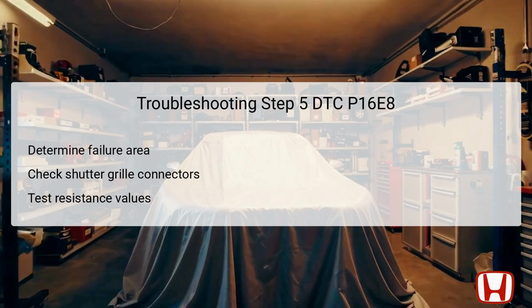Step 5 emphasizes determining the possible failure area by focusing on the shutter grille system and relevant connectivity. The technician starts this phase by disconnecting the shutter grille, upper-lower 4P connector, and measuring the resistance between designated terminals while the vehicle is in the off-lock mode. Specifically, they will measure between test points set out in the process.